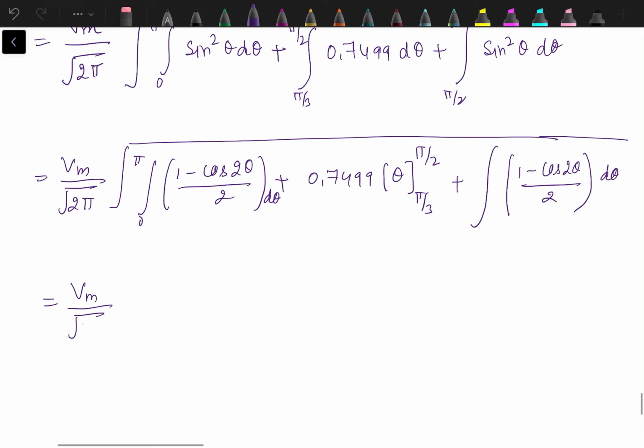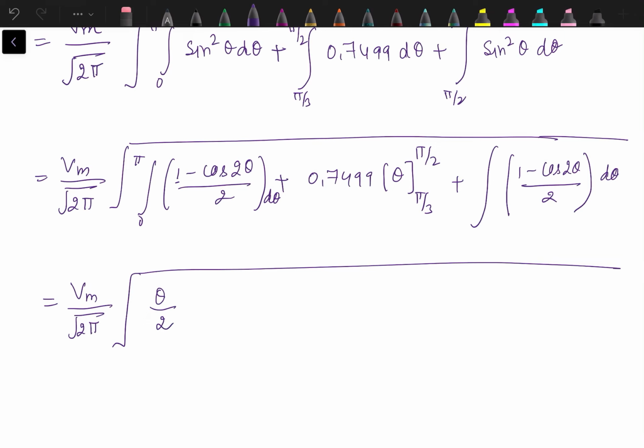Vm by root 2 pi, integration of 1 by 2 into d theta is theta by 2.